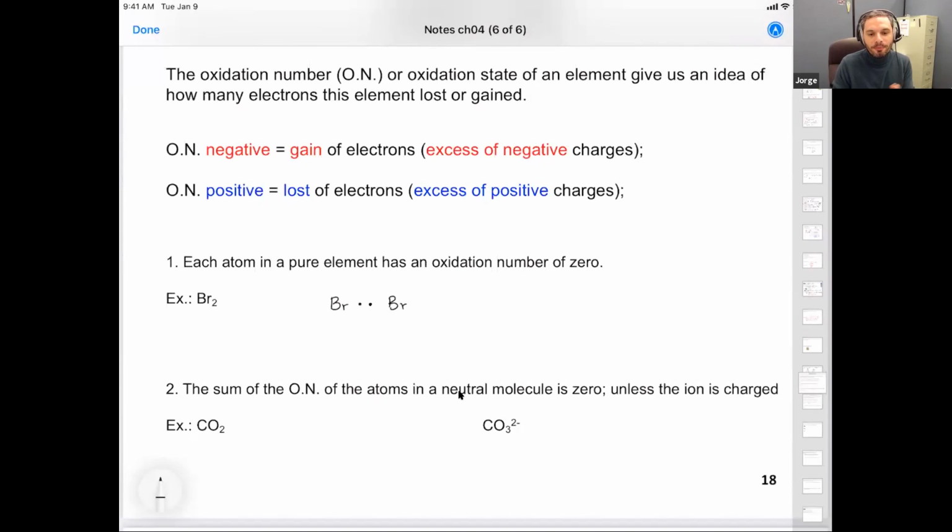And each atom, because they are identical, will pull the pair of electrons with the same strength, which means the pair of electrons is going to be right in the middle, meaning that nobody gained and nobody lost electrons in this case. So therefore, the oxidation number for each bromine is 0. The meaning of that is that nobody lost and nobody gained electrons. We have a perfect sharing of electrons here.